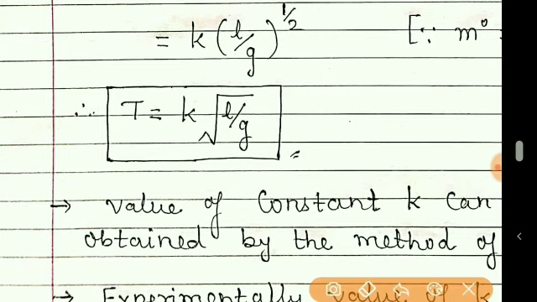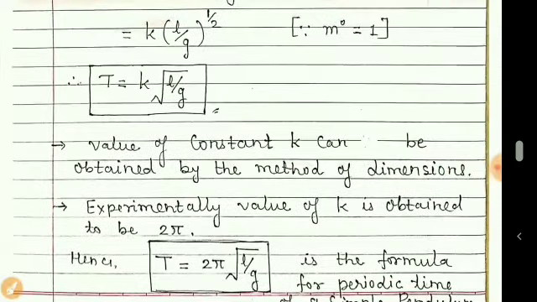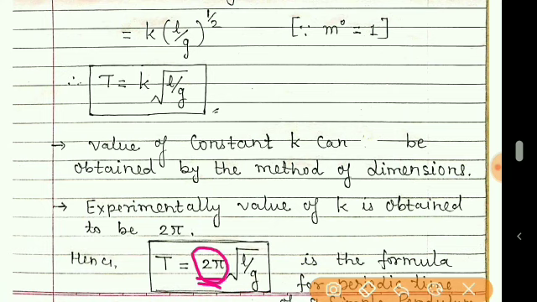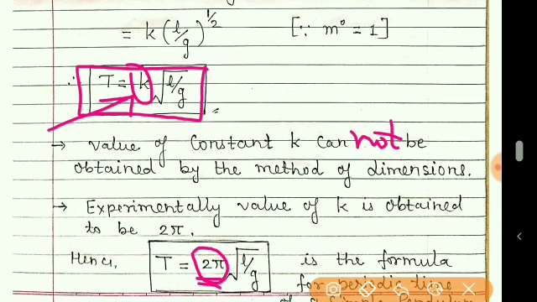Now students, we know that the equation of periodic time has 2 pi as a constant multiple, but here it is k. By using this dimensional analysis, we can get this type of formula, but the value of constant k cannot be determined with the help of this method of dimensions. If we want the value of k, then that can be obtained using experiment.